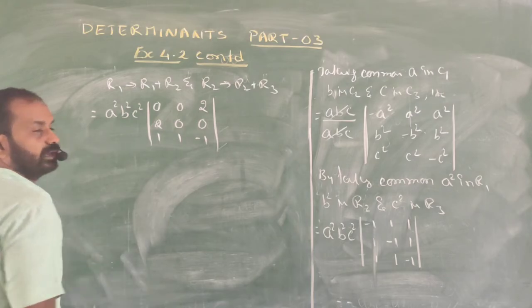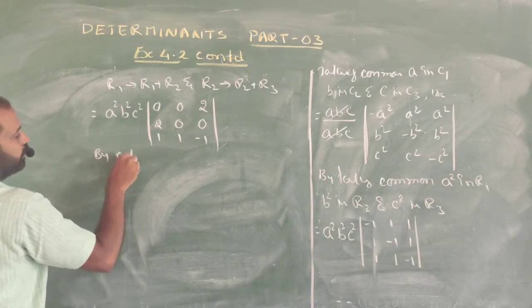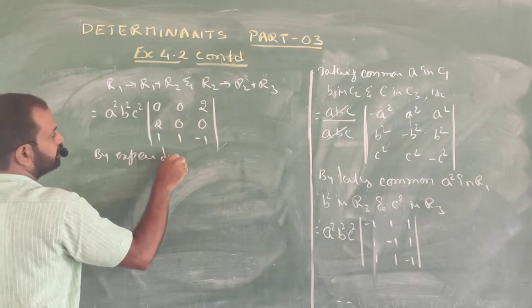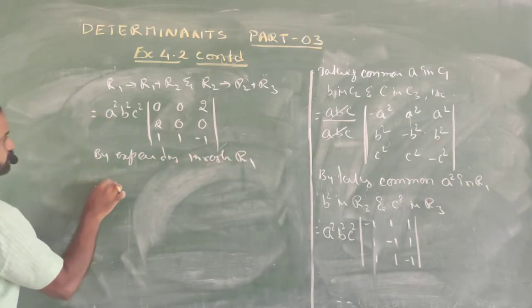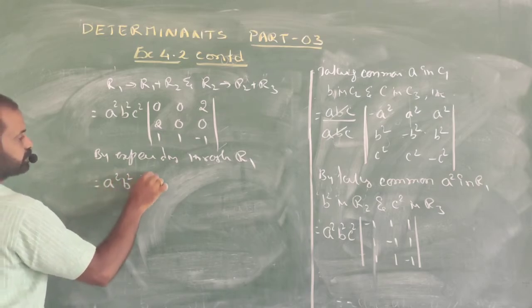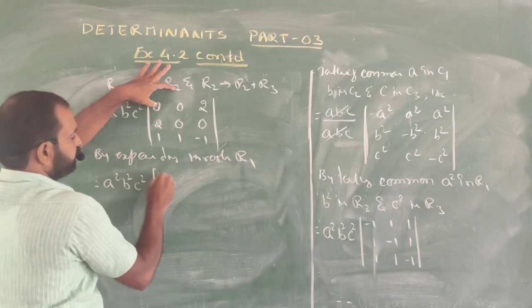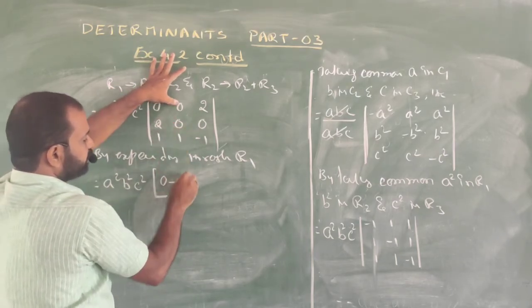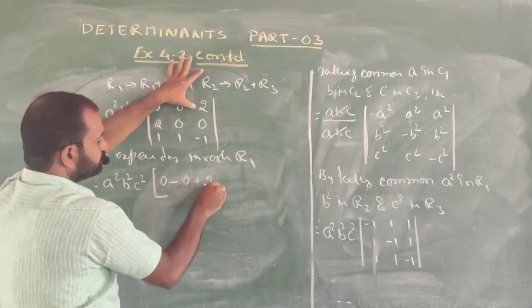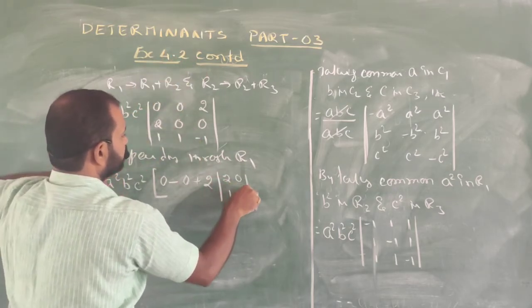minus 1. Now by expanding through R1, that is equals to a squared, b squared, c squared into 0, into anything is 0, minus 0 into anything again 0, plus 2 into det 2, 0, 1, 1.